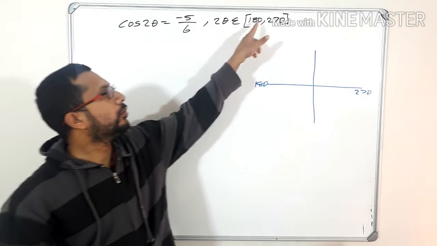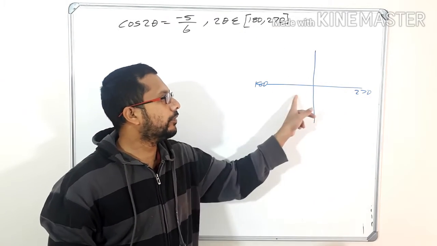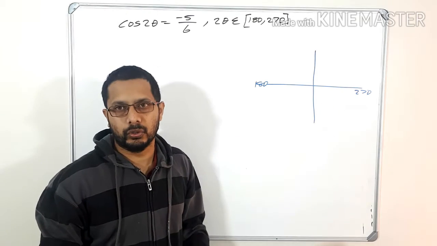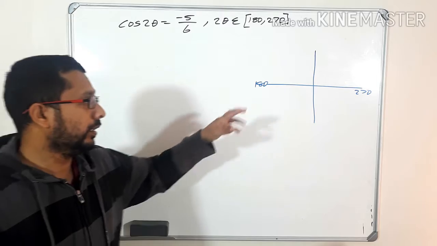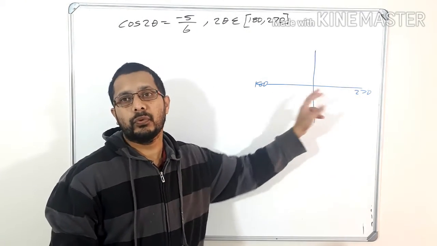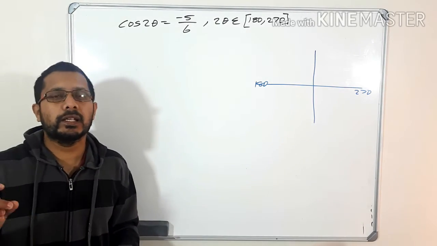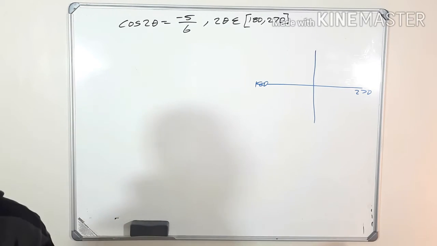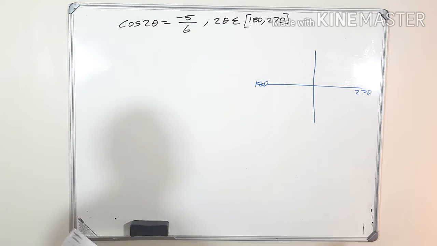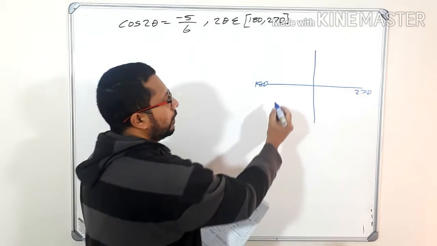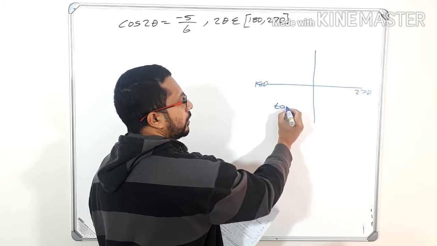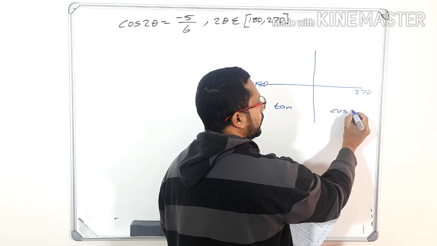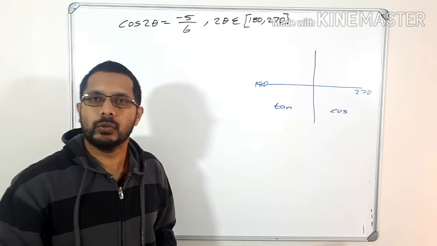So 180 to 270 means between these two, that is the third quadrant and fourth quadrant. Which quadrant exactly does cos 2 theta lie in? In the third quadrant, tan is positive, and in the fourth quadrant, cos is positive.